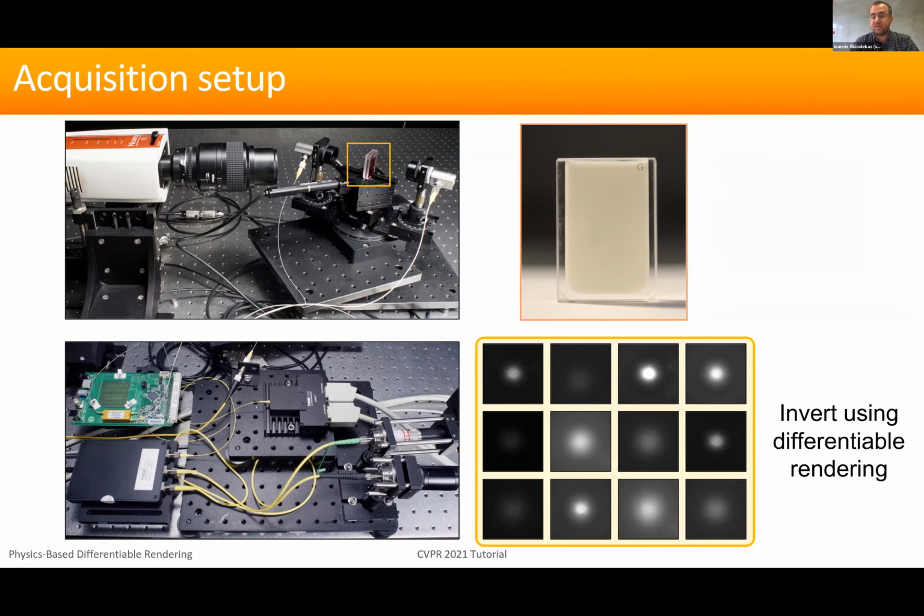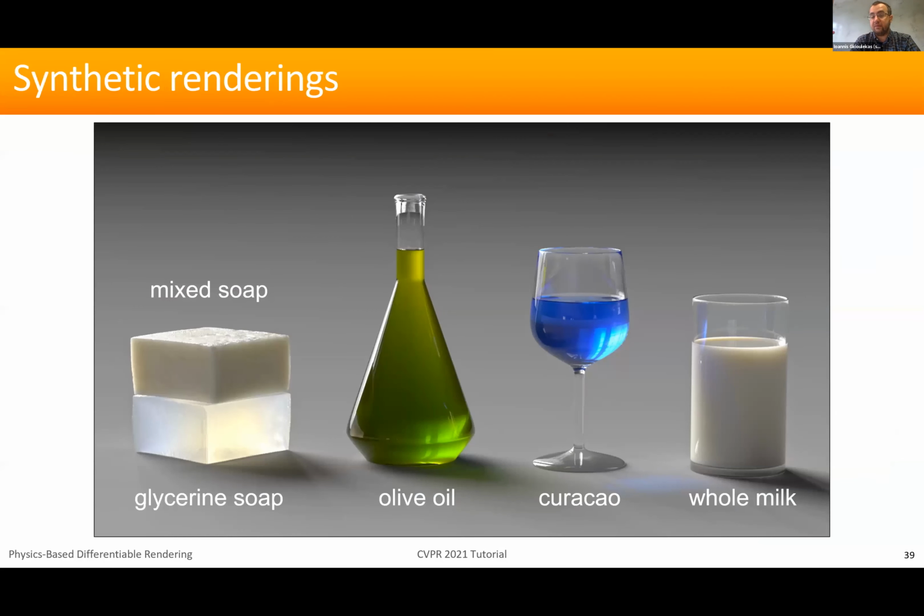Once we have them, we process these images using inverse rendering optimized with Monte Carlo differentiable rendering, in particular, a differentiable rendering implementation that includes volumetric effects. By doing that, we can recover scattering optical properties for all of these materials. And then once we have them available, we re-render them and produce new synthetic and very realistic images of those.